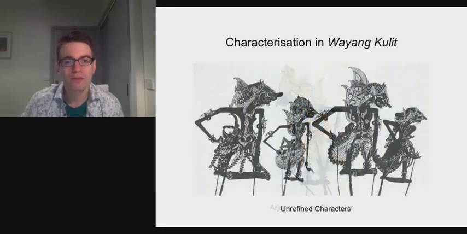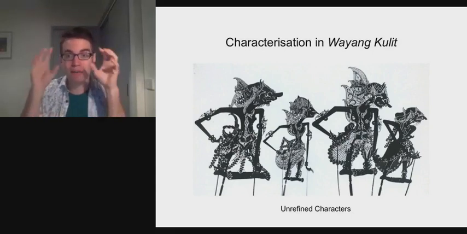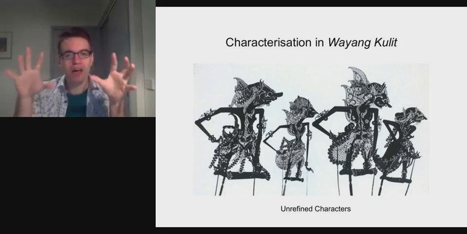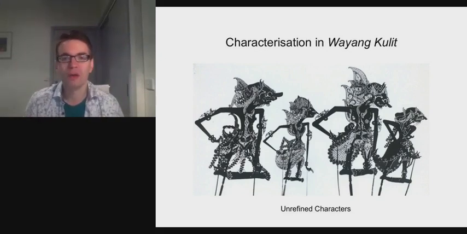In contrast, unrefined characters tend to have much larger bodies, and their eyes are a very big giveaway. So karas characters tend to have very bulgy or large eyes, and these come through in the shadows that are cast on the screen in a performance.